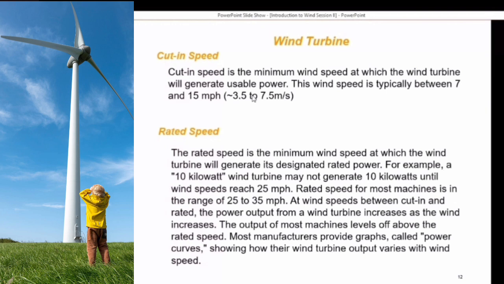And then, for example, if it goes to 35, it attains the maximum. Those various powers produced at various speeds make what we call the power curve.